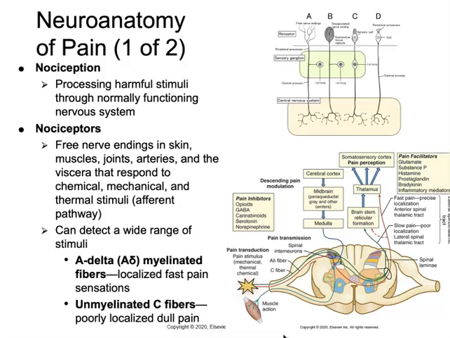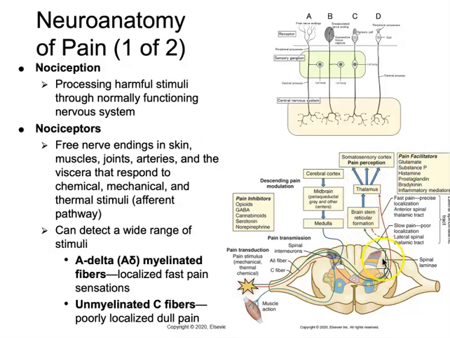And we're going to do this using 3 ordered neurons. So we have a primary order neuron, which we are going to refer to as our nociceptors. Then we'll talk about our secondary order neurons, which would include our spinal cord, or neurons traveling from our spinal cord to the thalamus.